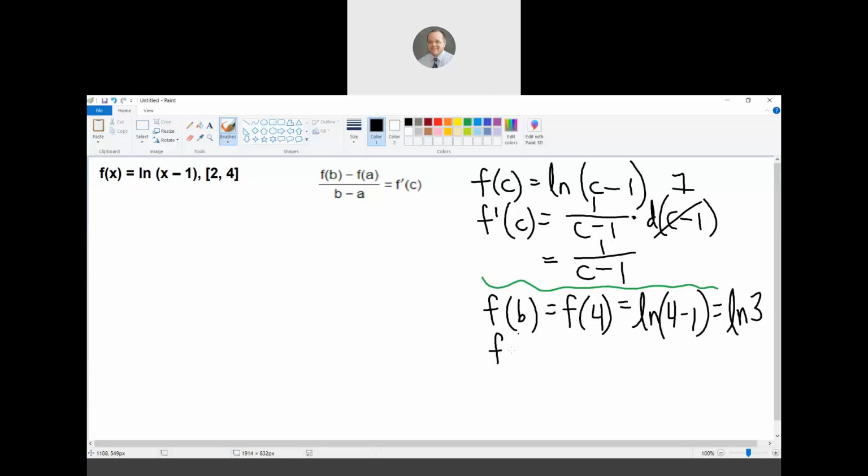Do the same thing to find f of a, but this time around replace each x with a's value of 2. And that is natural log of 1, which is 0.